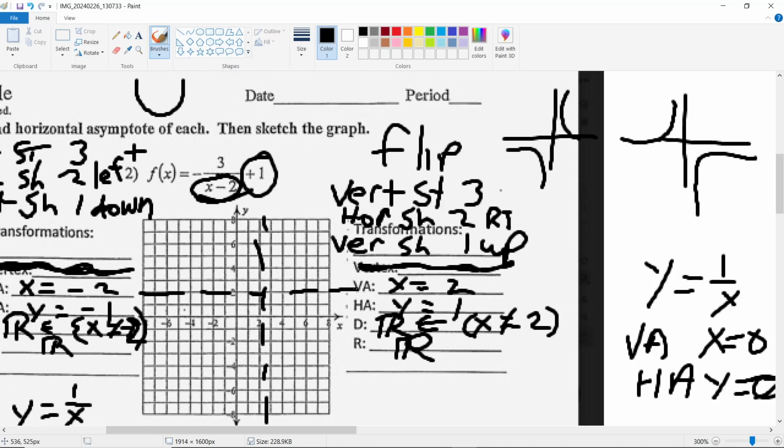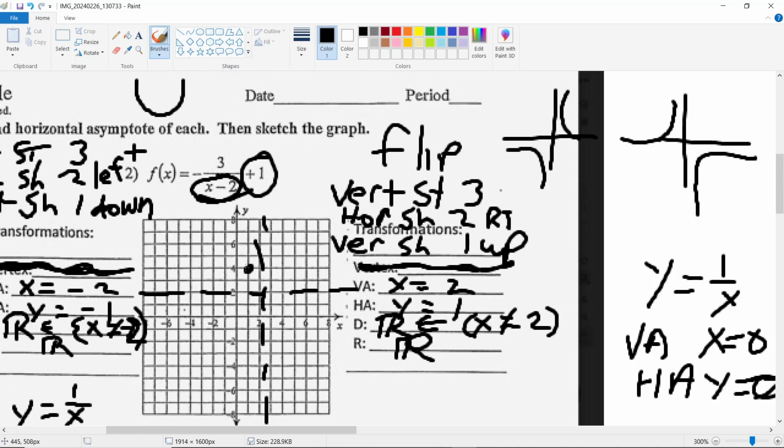Remember, this is flipped. And so I'll just graph one point and draw it in near the asymptote. Let's say at x equal 1, this is 3 over 1 minus 2, which is 3 over negative 1. Negative 3 over negative 1 is positive 3, plus 1 is 4. So at x equal 1, this is at 4.